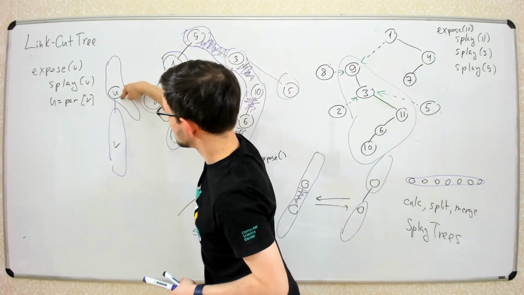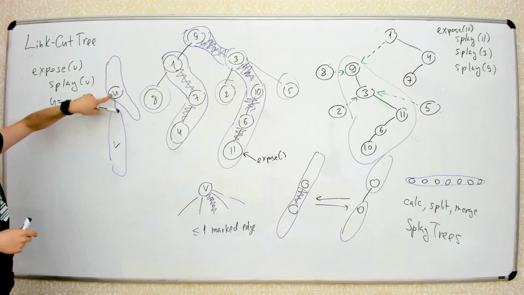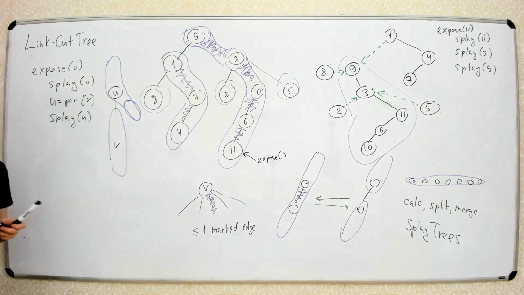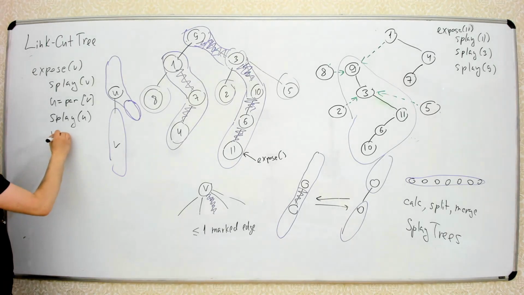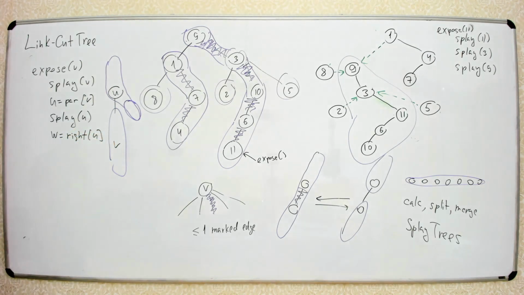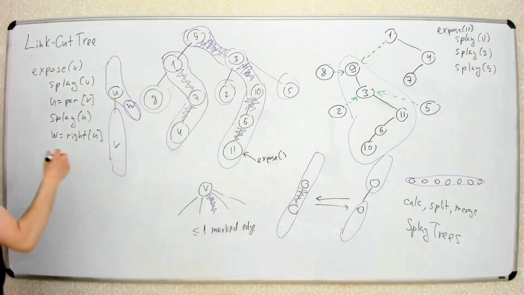First, you need to split this path after node U. To split this path after node U, you first call splay of node U. Now, this part is simply the right branch of U. So you take the right branch of U. Now you need to split your splay tree after node U. You can split your splay tree by simply removing the right branch. So you remove the right branch.